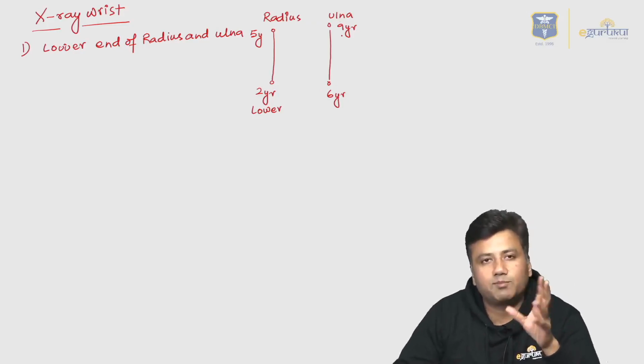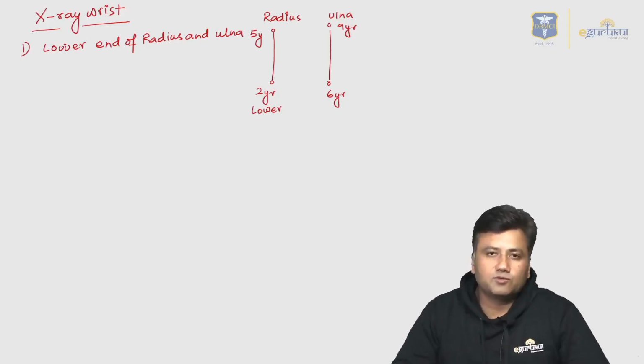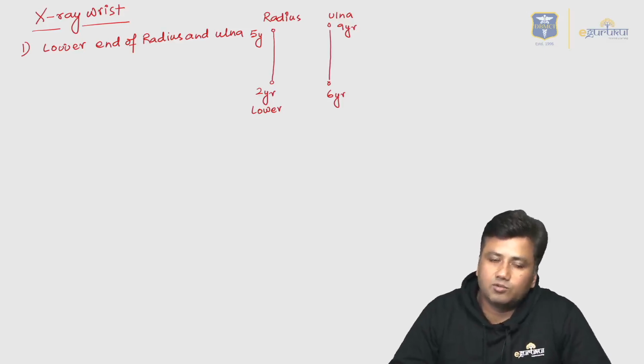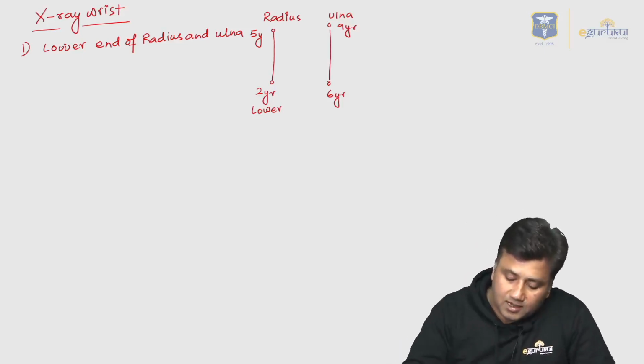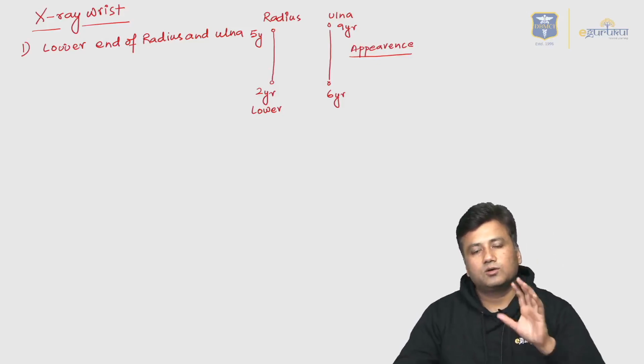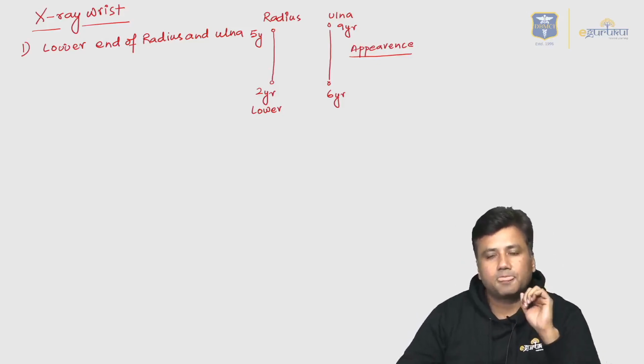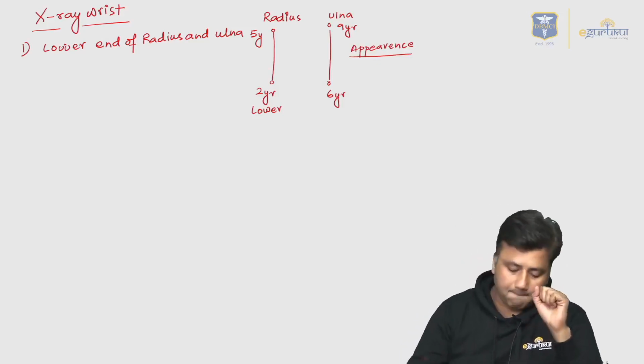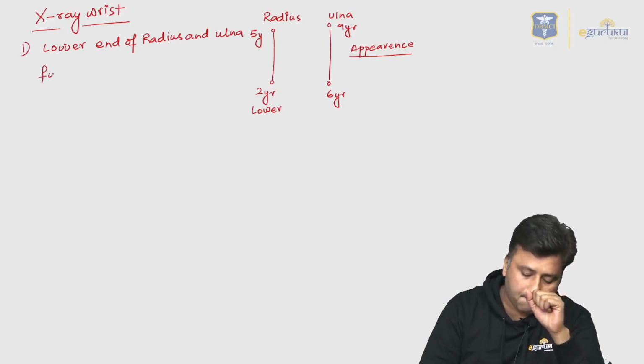So there is a gap of 3 years in the appearance for both radius and ulna. This is all about the appearance of the center of ossification for the lower end of radius or ulna. How about their fusion?